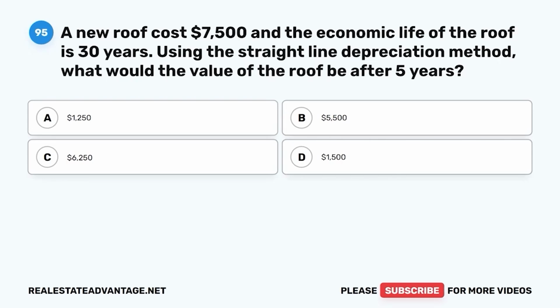Using the straight-line depreciation method, what would the value of the roof be after 5 years? A. $1,250. B. $5,500. C. $6,250. D. $1,500.